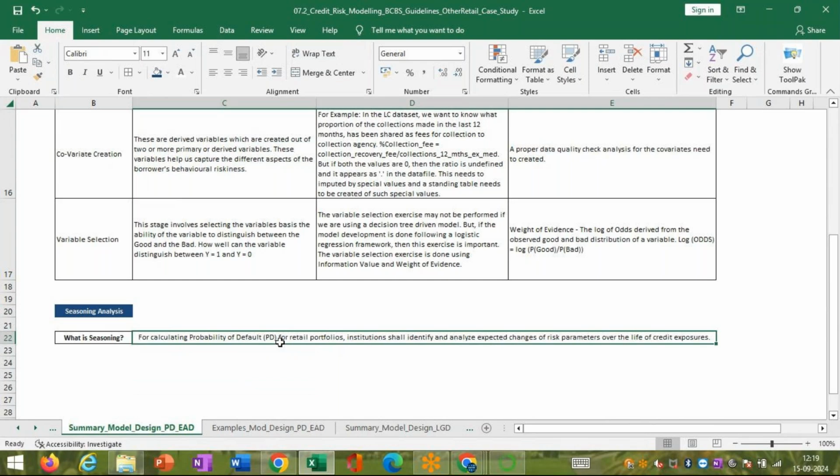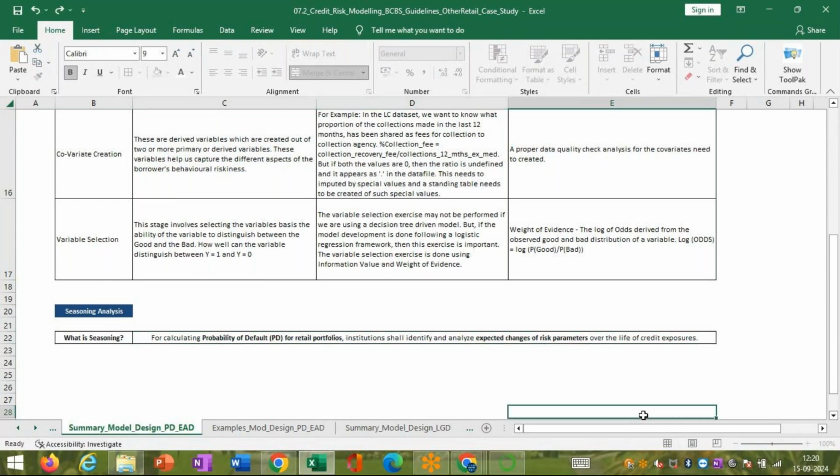But the guidelines require that institutions shall identify and analyze expected changes of risk parameters over the life of the credit exposure.